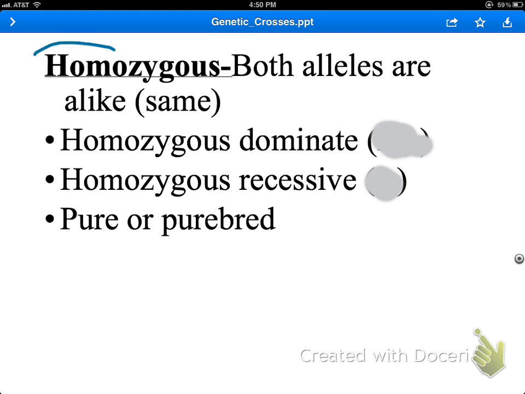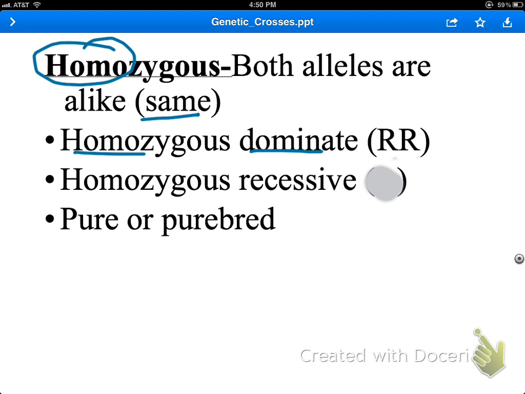Homozygous has the prefix homo in front of it. And if you recall, homo means like or same. So in this situation, the word homozygous is going to describe when both alleles are the same. So if the word is homozygous, it means the same, and then after that, it tells us that it's going to be dominant. So we would write two capital letters.